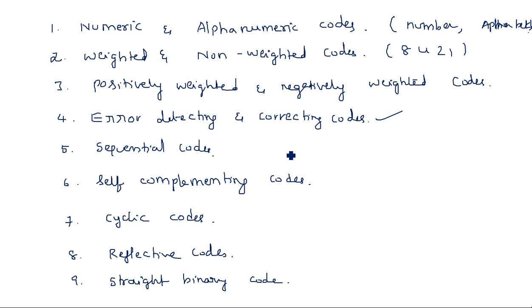And sequential codes are nothing but codes in which each succeeding code word is one binary number greater than its preceding word. Sequential code is nothing but the next number should be greater than the previous number. Examples here: 5211, 2421 code, and 642 minus 3.